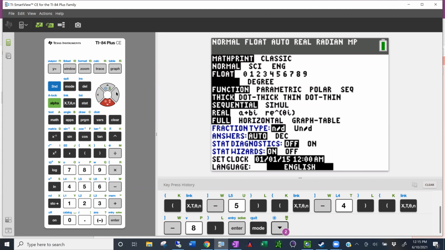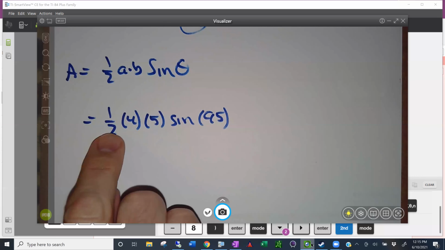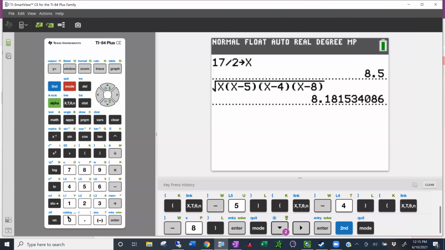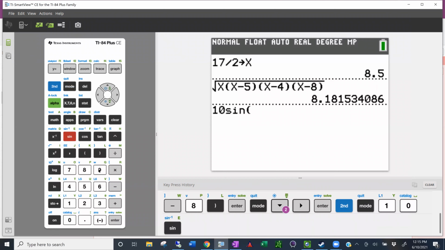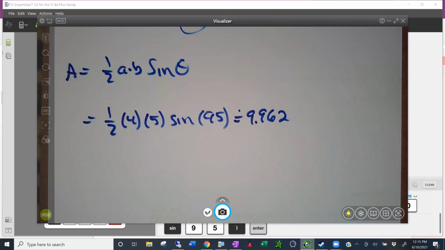Change over to degrees. And the 1/2 times 4 times 5 is just 10. So I'm just going to type in 10 sine of 95. Bam. So about 9.962 approximately. That's pretty much it.